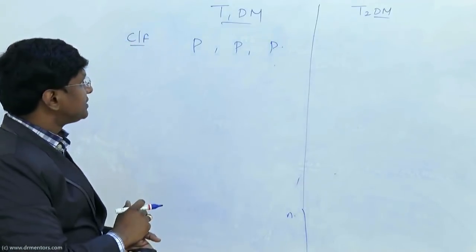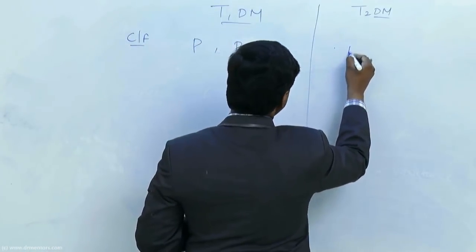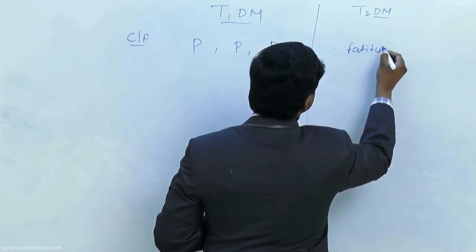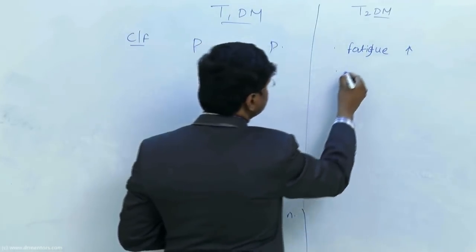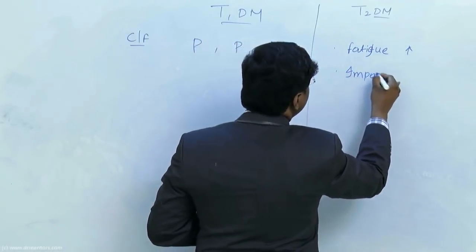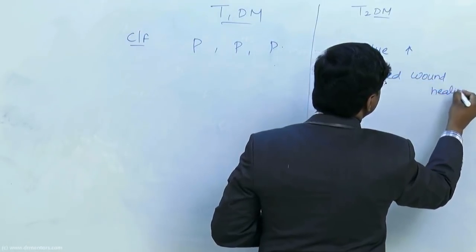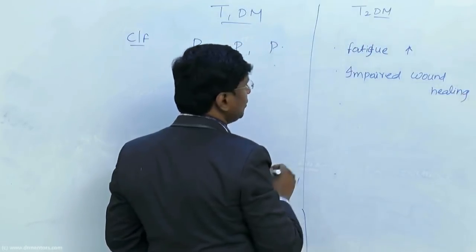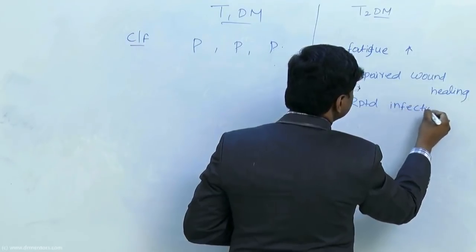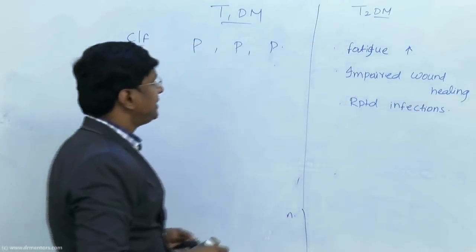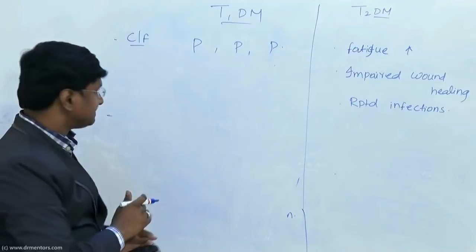Whereas in patients with type 2 diabetes mellitus, the clinical features are increased fatigue or weakness, impaired wound healing, and repeated infections. So that is what we see in patients with type 2 diabetes mellitus.